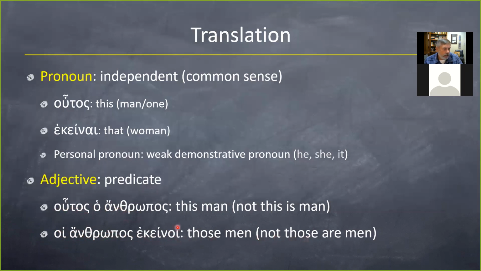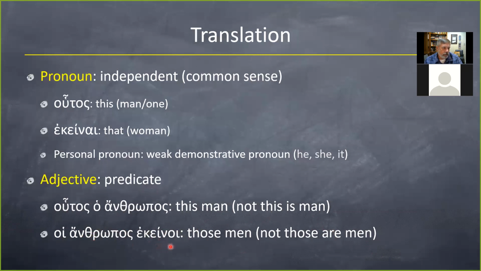It's called the predicate position because there's no article with it. It doesn't matter whether this comes first or this is first, but the article's with the noun and not with the demonstrative pronoun. So it's called the predicate position. And typically a predicate position would be those are men or this is man. But when you're dealing with the demonstrative pronoun, it may be in a predicate position, but you're not going to translate it as a predicate.